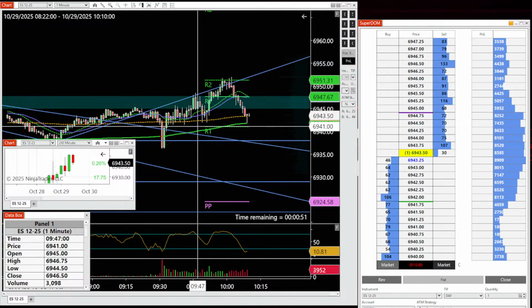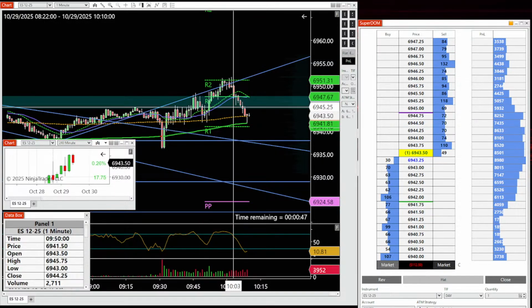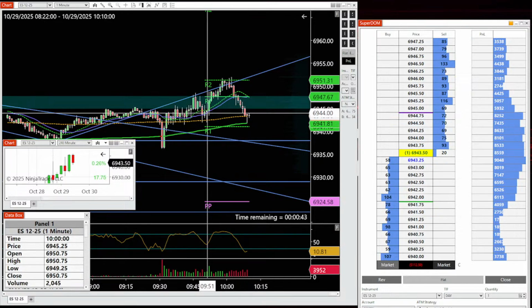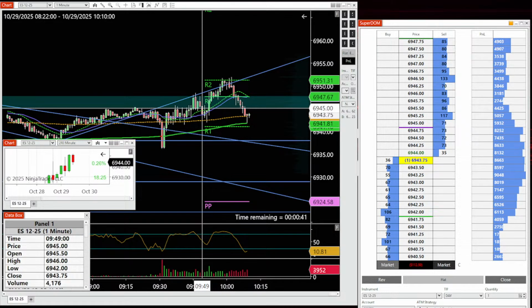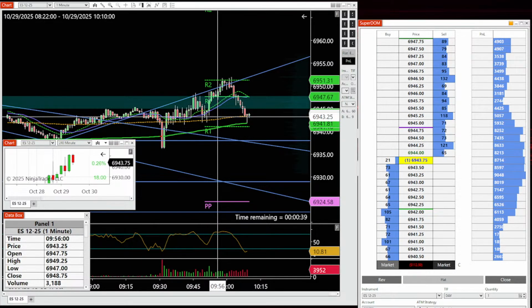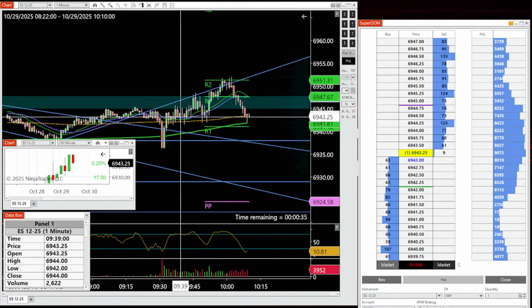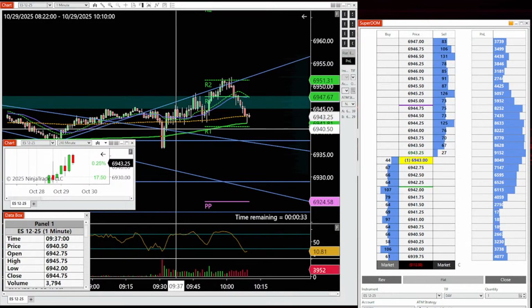We may have to wait till 2 o'clock. Big move is done. The 10-point move back into this area until this garbage around here.